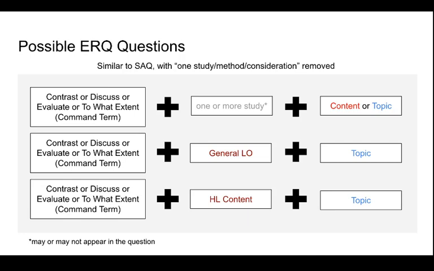And then finally, for HL, you have the HL content plus topic. Oh, and just to clarify, for the first type, they can also ask in that format for HL contents or topics. So the last format is specifically for HL content.